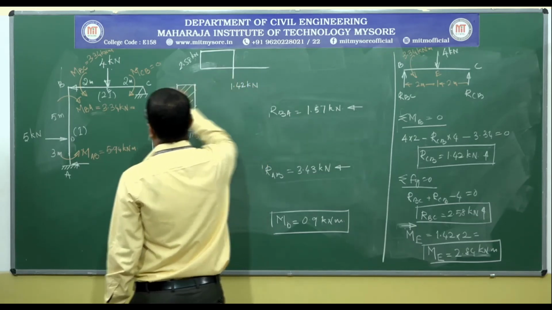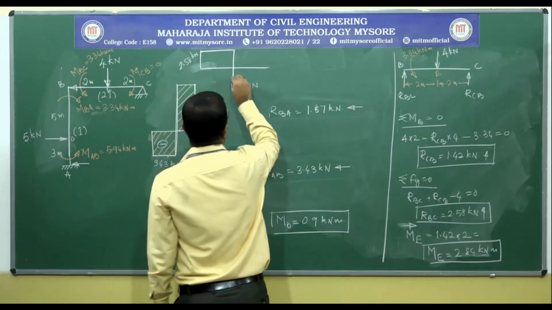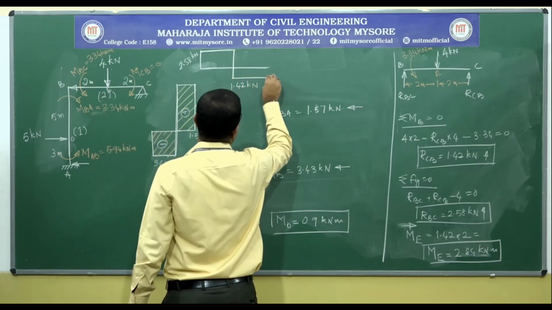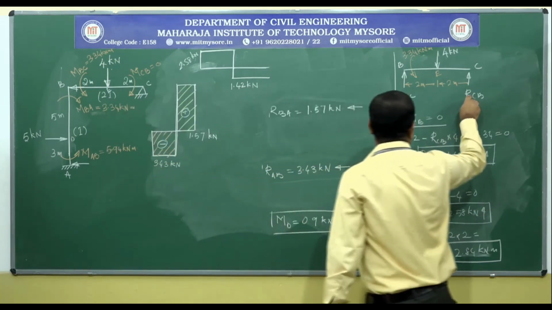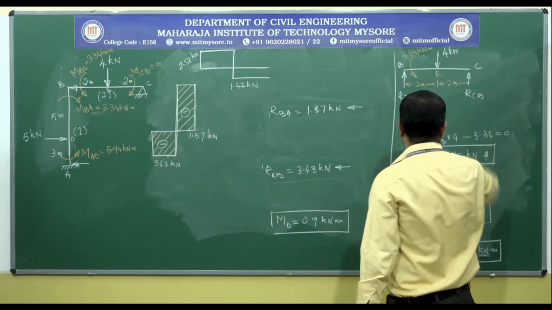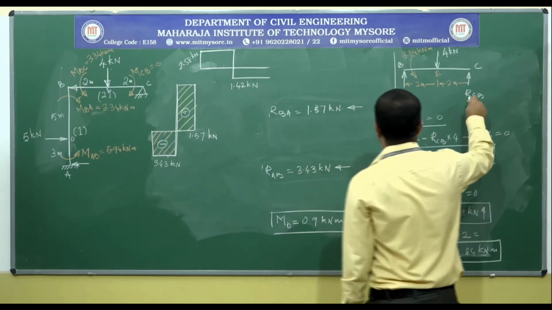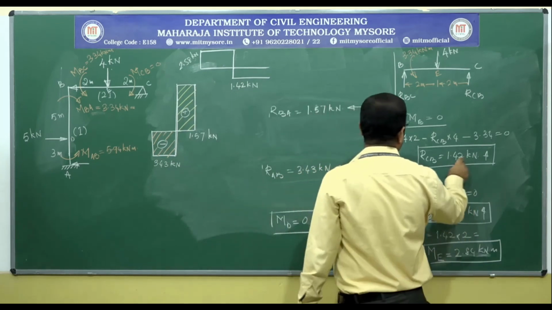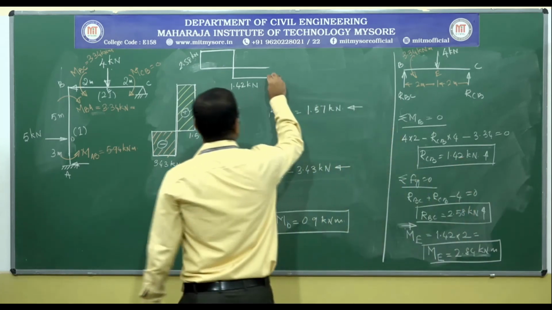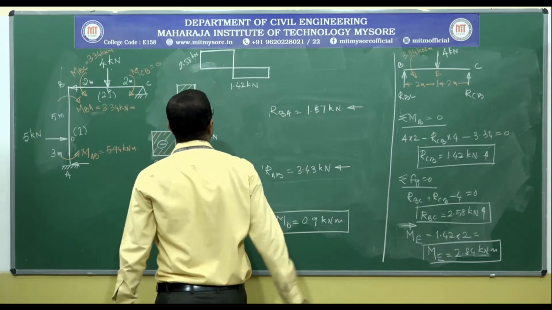From E to C, we don't have any load, so the line will remain straight. But at C we have a support reaction RCB which is acting vertically upwards. So this negative value, minus 1.42 plus 1.42, becomes 0.